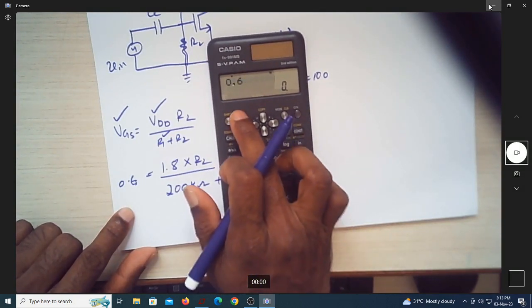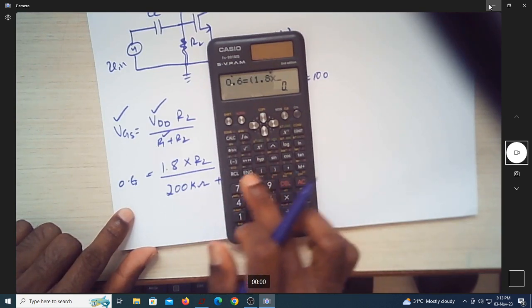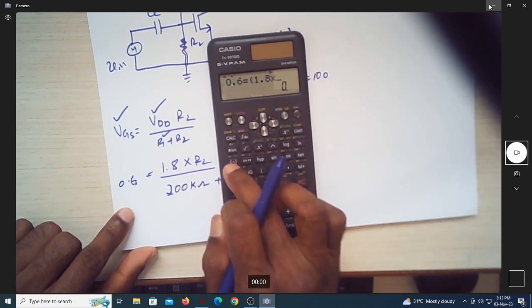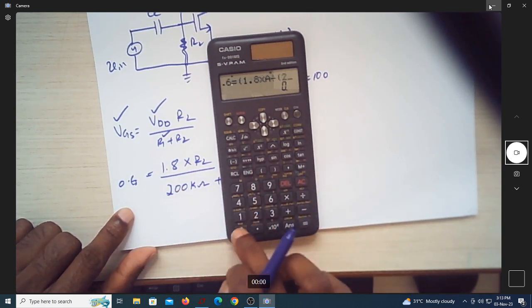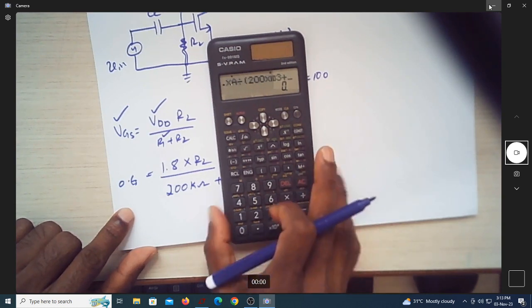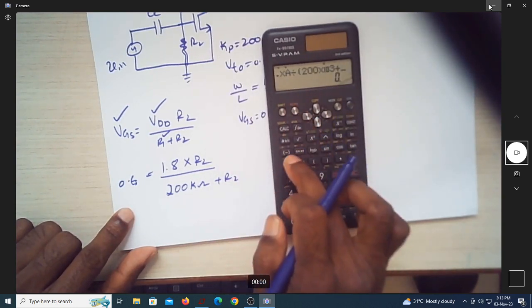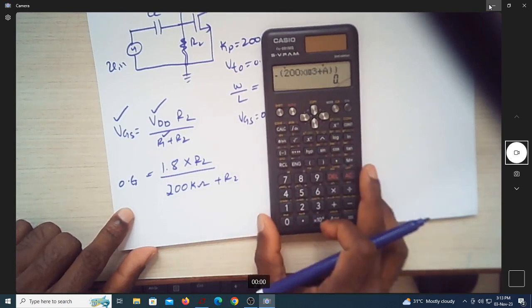0.6 alpha equals, open the parenthesis, 1.8 into, this is a variable alpha a, divided by, again open the parenthesis, it is 200 exponential 3 plus, how much is this? This is again alpha a. You can see this is the equation I have fed. Close the parenthesis, close the parenthesis.